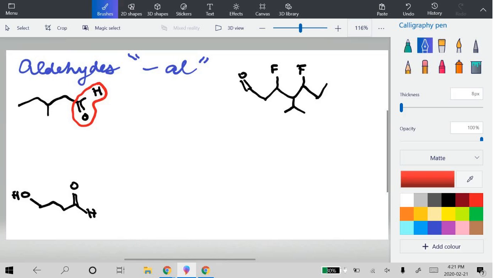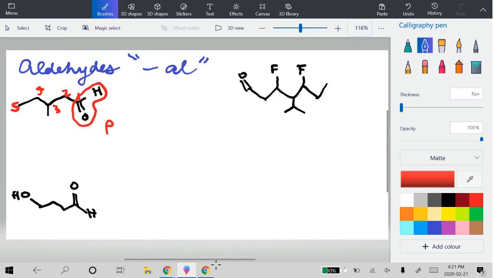So that's what you're going to have to look for and differentiate between that and a ketone, which is somewhere in the middle of a carbon chain. So the first example is a 5-carbon. This is always going to be carbon 1, the one that has the double bond to O. 2, 3, 4, 5.